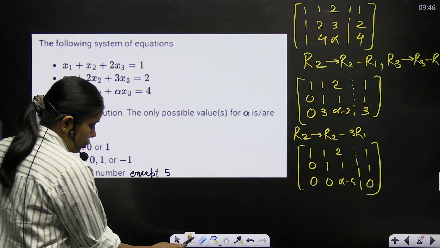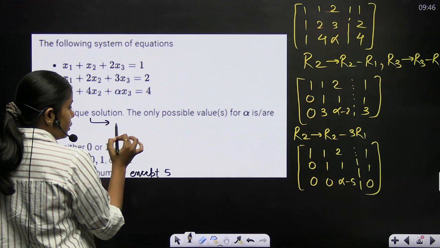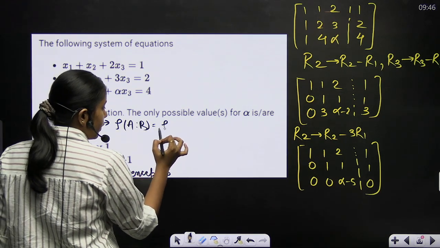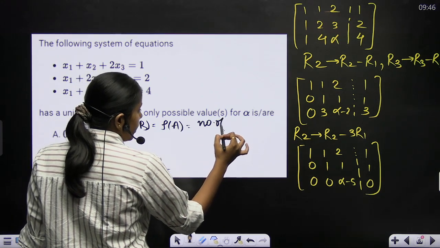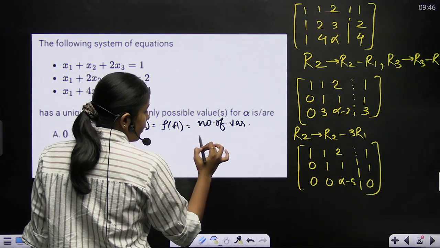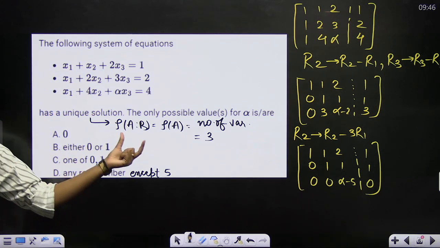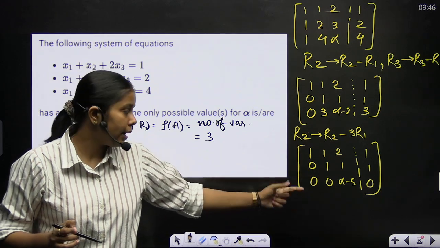Now, for a unique solution, we know one thing: rank of A augmented B is equal to rank of A is equal to the number of variables, and the number of variables I have here is 3. I want the rank of A augmented B to be 3.